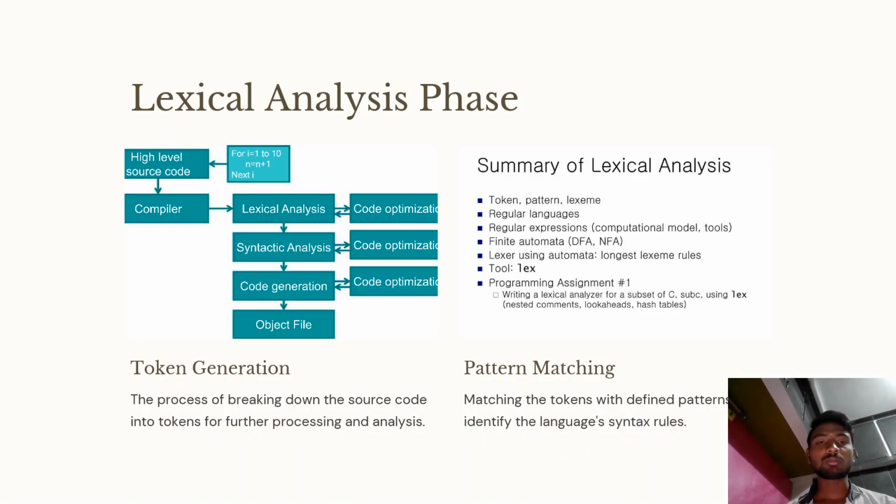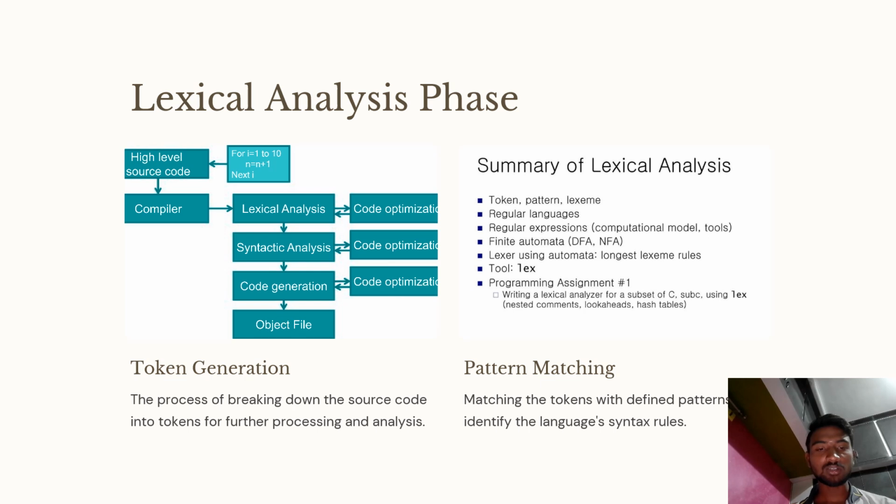Let us explain the lexical analysis phase. This is a summary about lexical analysis. These are the token, pattern, and lexeme, and regular languages and regular expressions can be used. The computational model and tools are also called finite automata. The lexer uses the automata and longest lexeme rules, and these are the programming assignments.